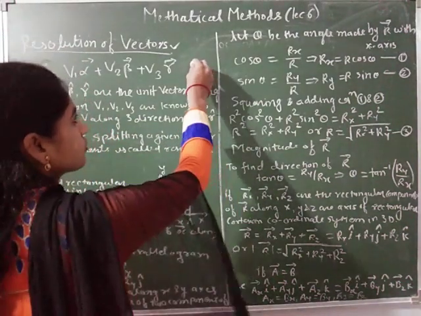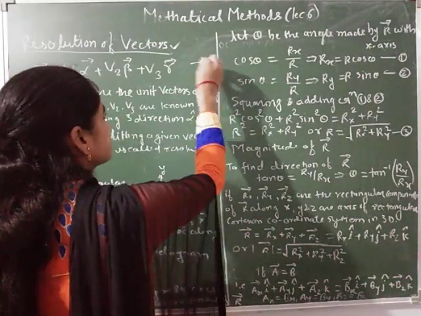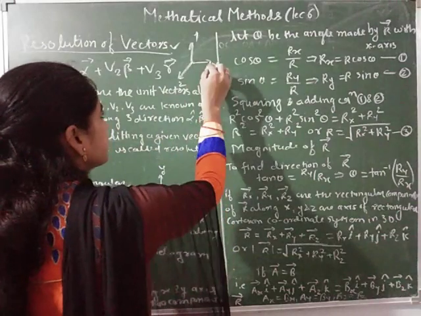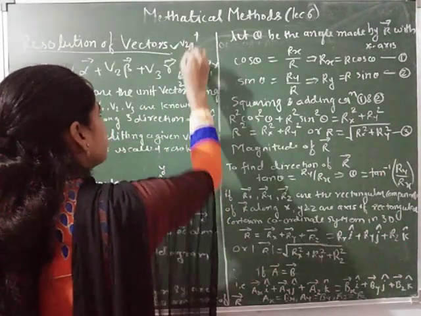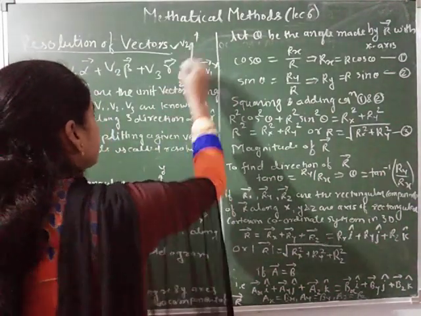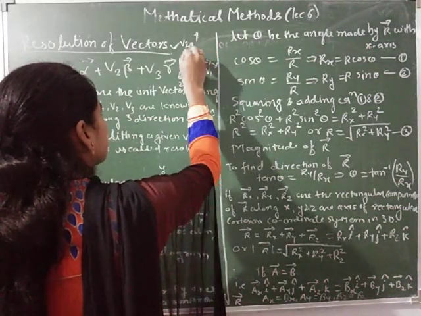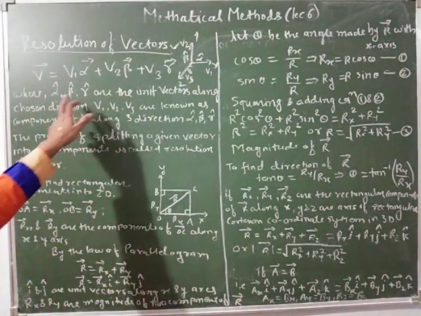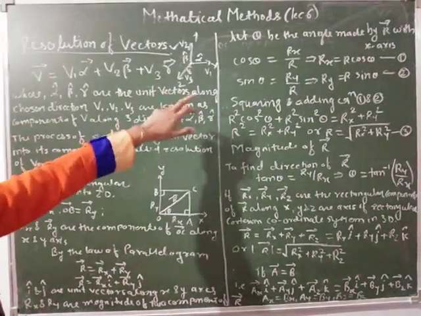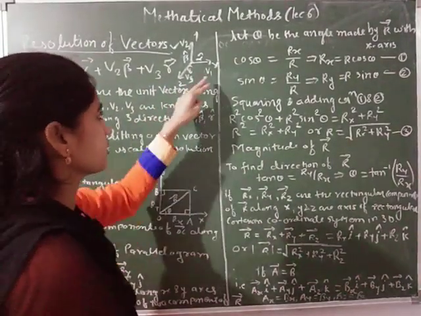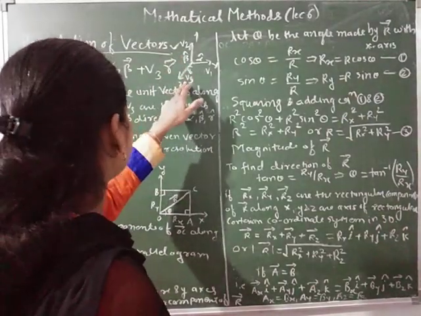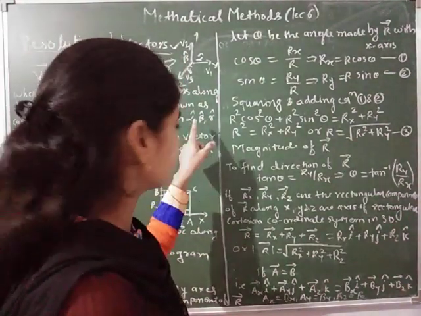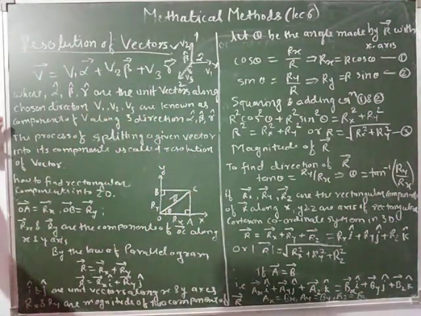Suppose we have x-axis, y-axis and z-axis, with components v1, v2 and v3 and unit vectors vector alpha, vector beta and vector gamma.